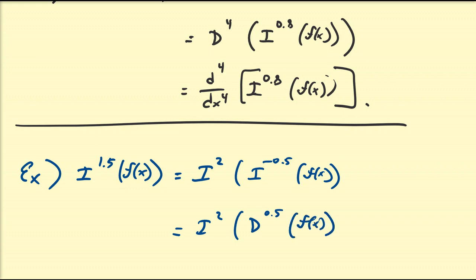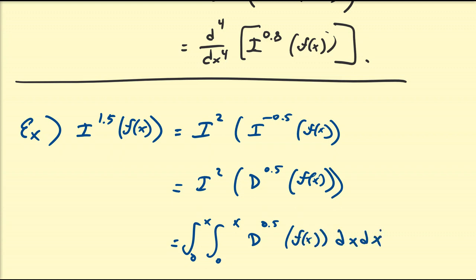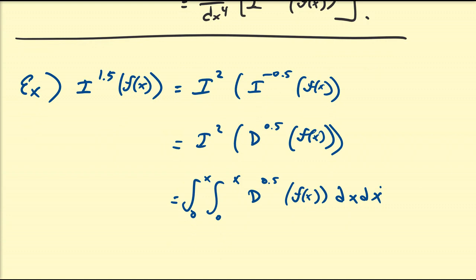So here, as long as the order of our integral is a natural number, this is just the double integral of the Grunwald-Letnikov derivative of order 0.5. So that's no big deal. This is pretty much the integral from 0 to x of the integral from 0 to x of the GL derivative of order 0.5 of f(x), dx dx. So that's pretty much all that is.